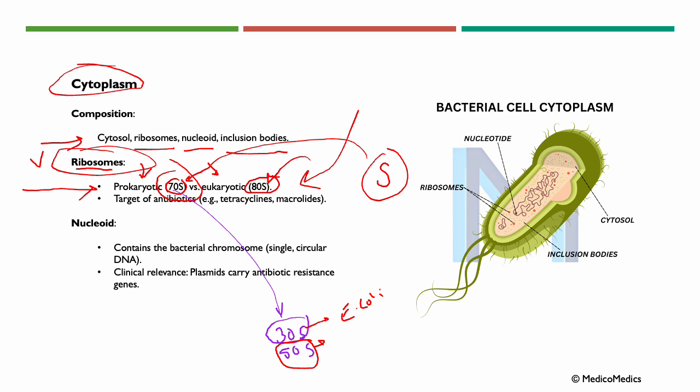So, this is very directly important and relevant to the whole composition and structure of the bacteria. These ribosomes are responsible for protein synthesis in prokaryotic cells, so bacteria, and we have 70 Svedberg units. It is then divided into 30S and 50S, and these mean something.